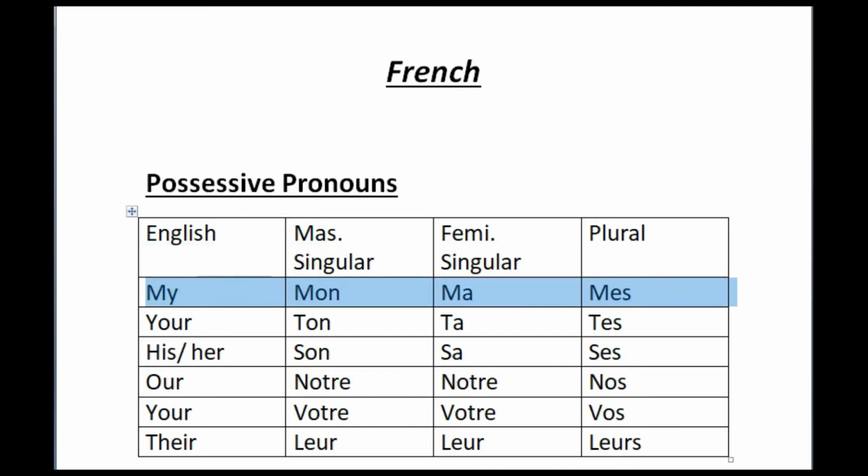If we have masculine singular, then we would say my as mon. M-O-N, mon. My in masculine singular would be mon. Feminine singular, if I'm saying my feminine singular, it would be ma.